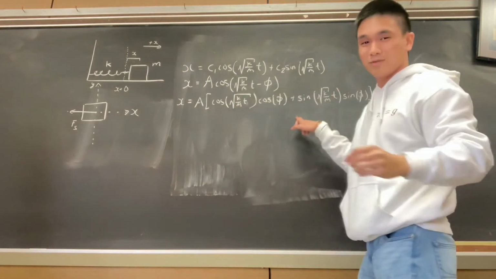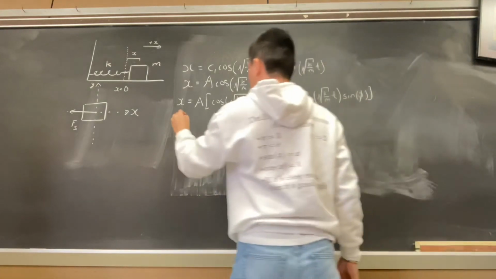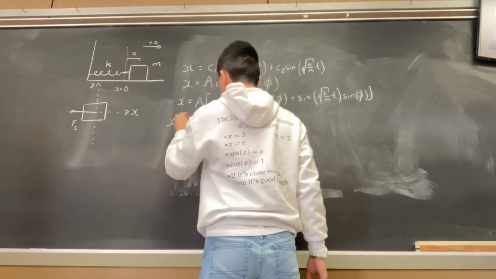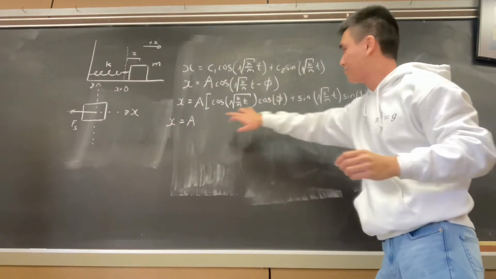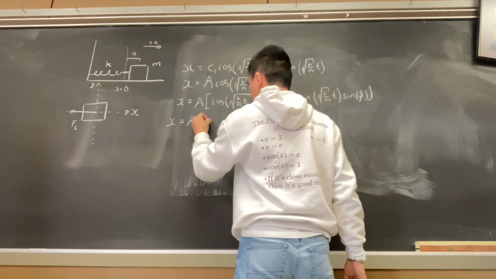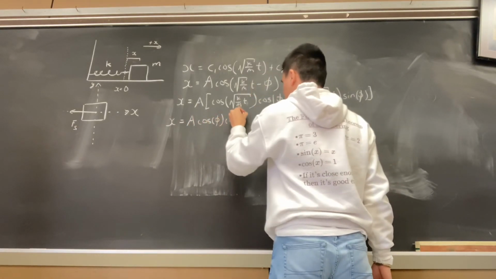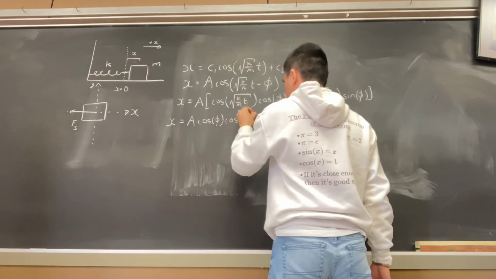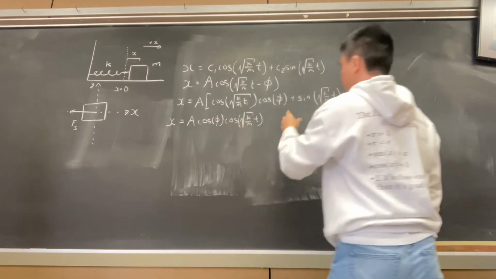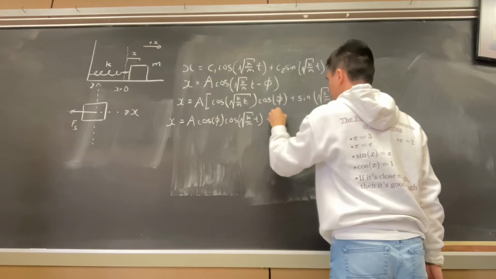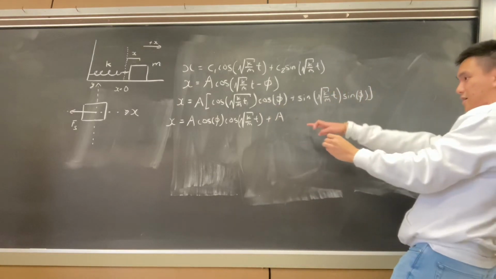And if I distribute this A into here, we're gonna get X is equal to A. I'm gonna move this cosine of phi out front. It's okay because when you multiply two things together, the order in which you multiply them is up to you. And then distribute this A into here as well, A, bring the sine phi out front.